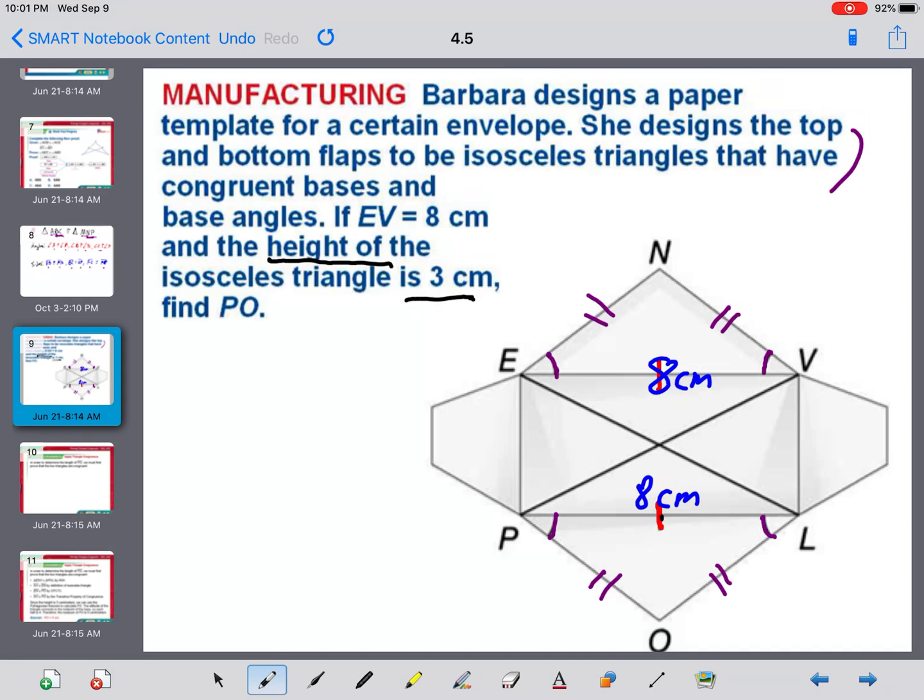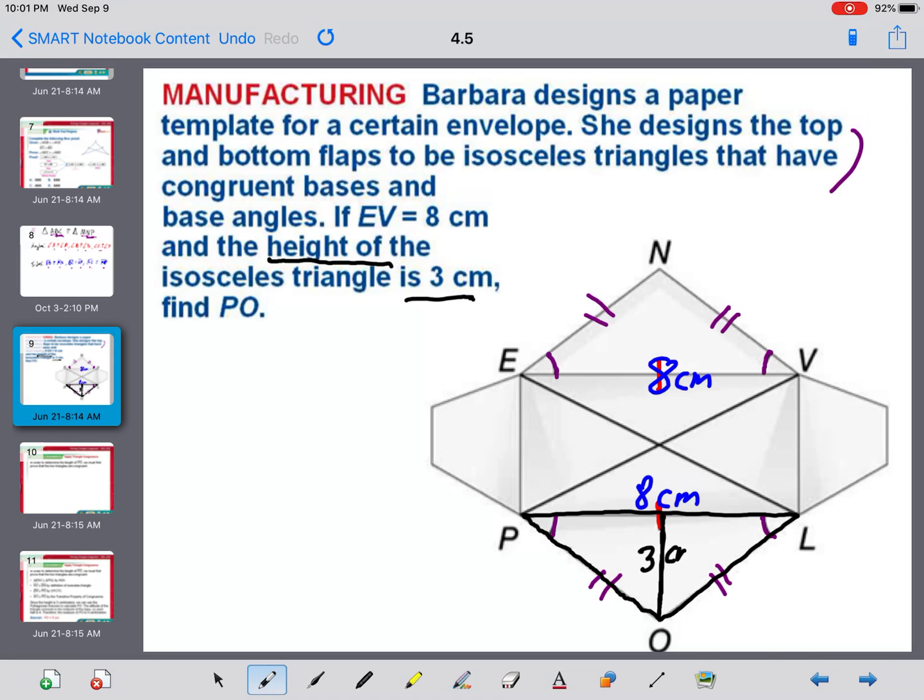I'm thinking that the height, let me get a different pen here. The height, see right here, the height of the isosceles triangle is 3 centimeters. So that's that. So you've got this triangle.